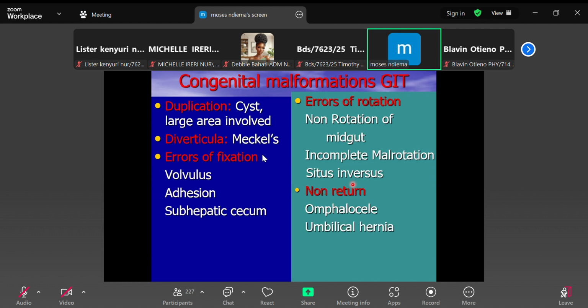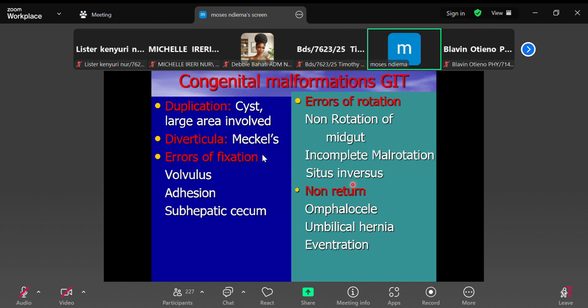And then you can have umbilical hernia, where a small part of the digestive tract remains within the umbilical region. You might find some people with a dilated navel area. If you push a finger, you find that there is a hole. So that's what we refer to as the umbilical hernia, where the intestines get into the umbilical region.